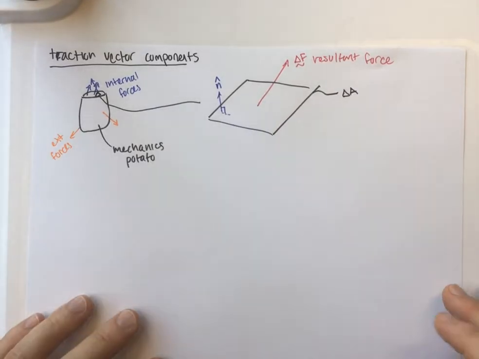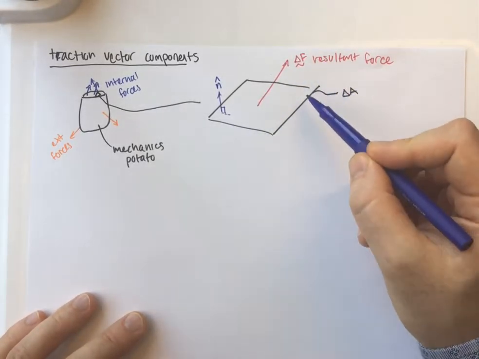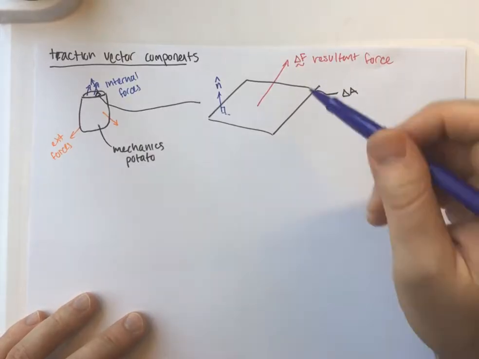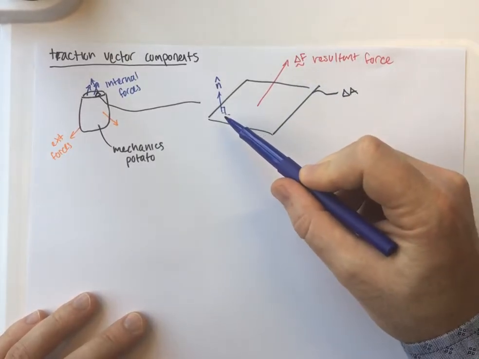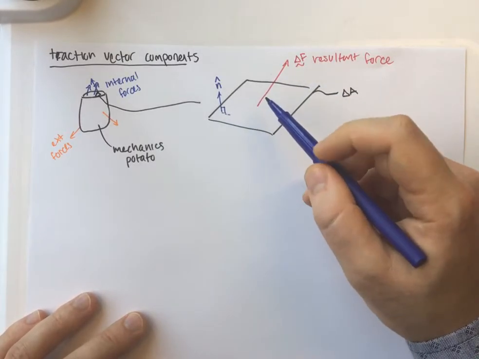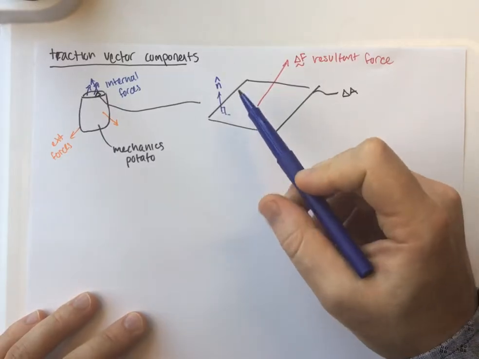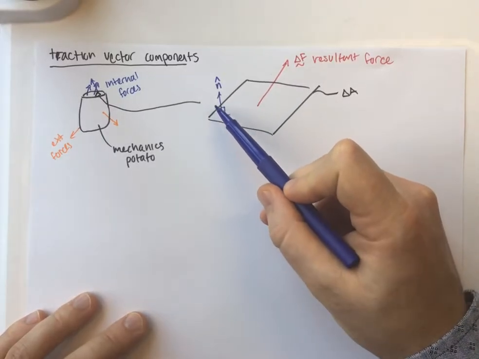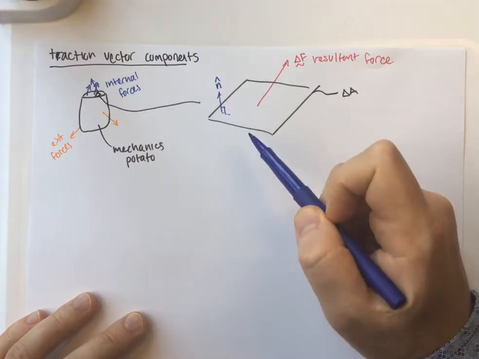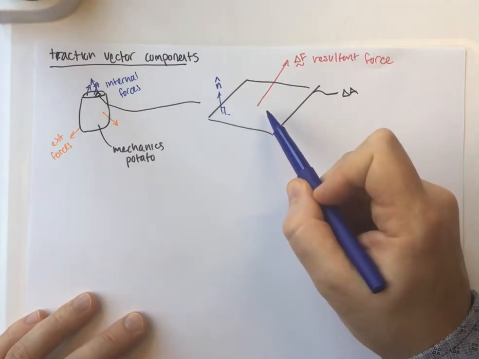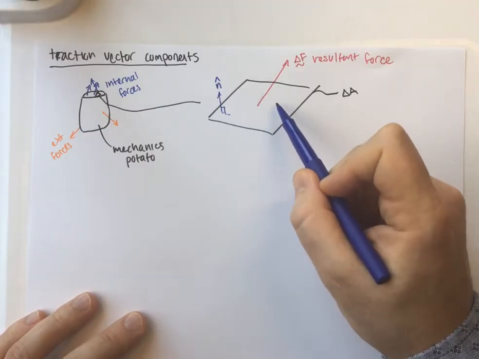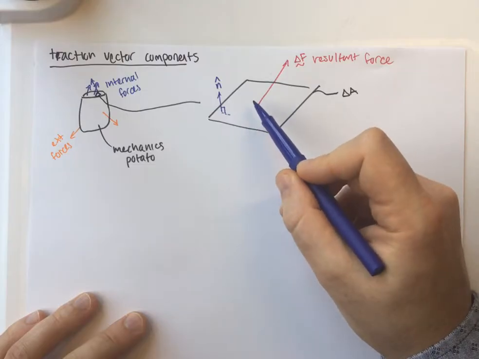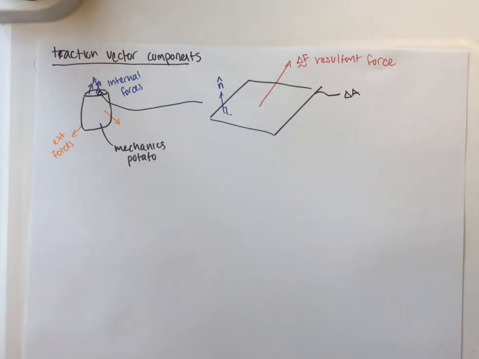You might ask yourself, okay, I have a resultant force. I should determine what the components of that resultant force are in terms of a vector perpendicular to my cut or my plane and in the plane. So the tangential component to that resultant force. And that has to do with the two ways that things typically break.